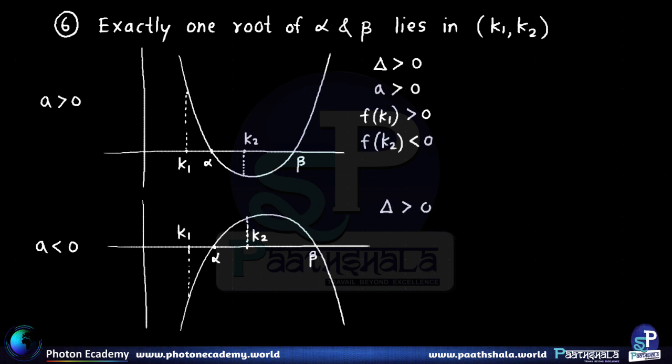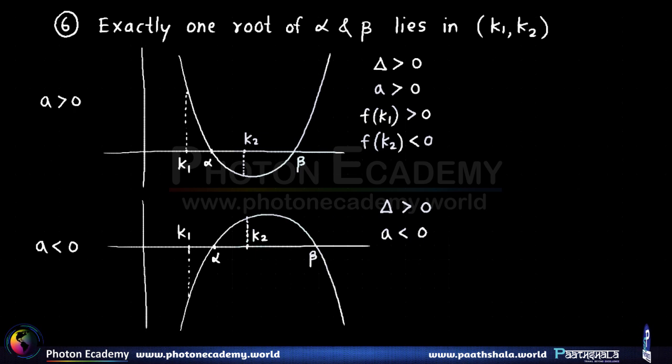So here we have delta greater than 0, a less than 0, and f of k1 less than 0 and f of k2 is greater than 0.